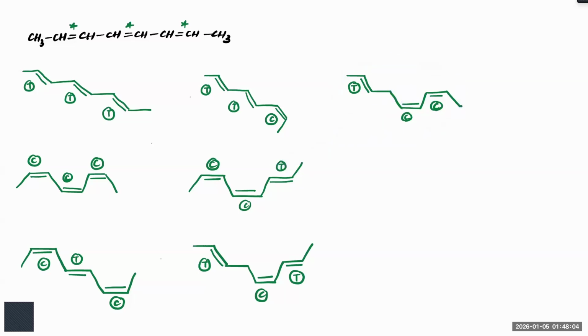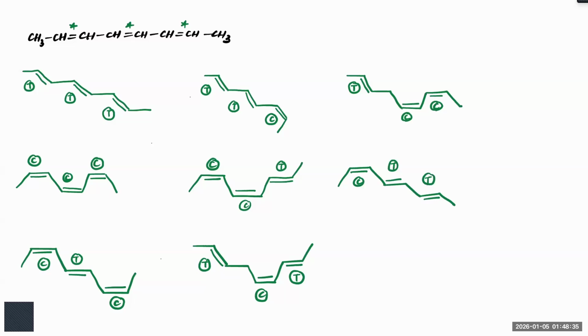Likewise, if I have cis, cis, trans, I've already done it. Trans, cis, cis, we have done it. Now we have cis, trans, trans. If I take one cis and trans and trans, first one being cis, then I took it as trans, then trans.